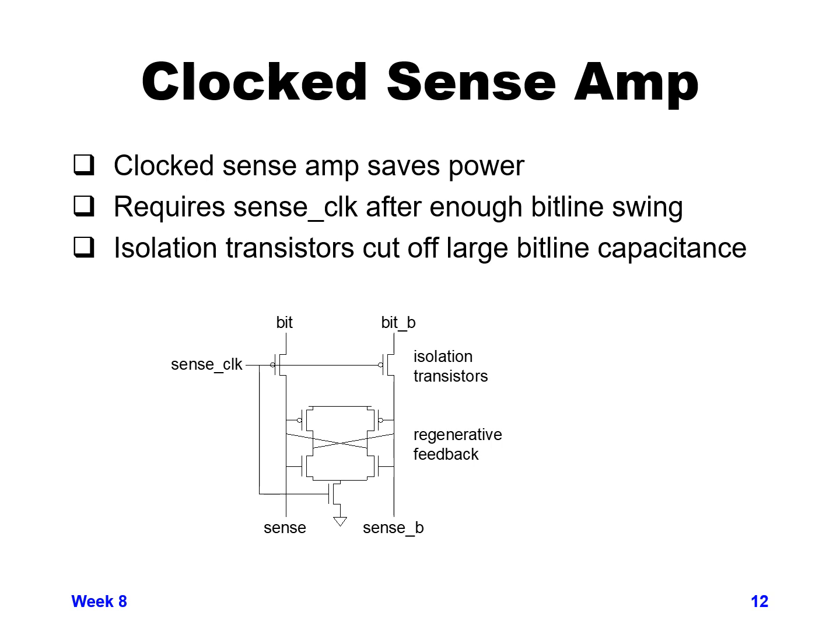Once it resolves, the power will go back down to 0. In effect, there will be just a small amount of leakage through the back-to-back inverters, but you won't have any constant current through this device once it resolves. And it will resolve pretty quickly because the amount of capacitance on sense and sense bar is pretty low once the isolation transistors get cut off.